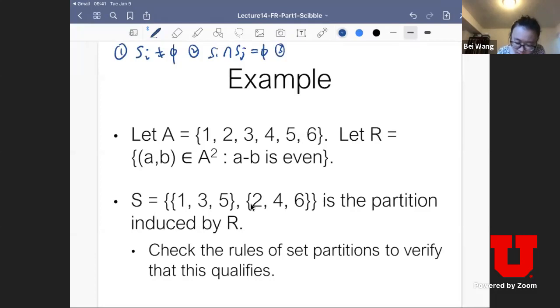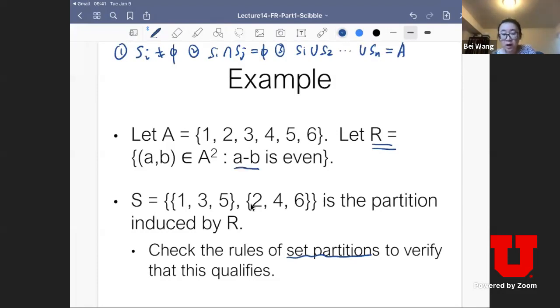And the third one is that the union of all of them is equal to the original set. Now the set itself contains 6 elements: 1, 2, 3, 4, 5, 6. And we define R so that two elements are in the relation if their difference is even.